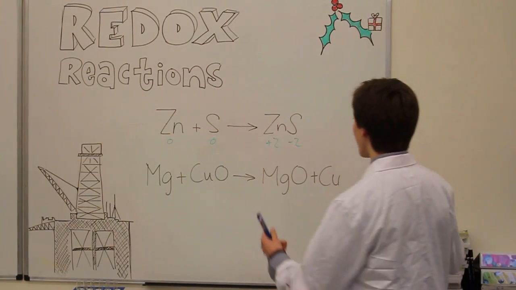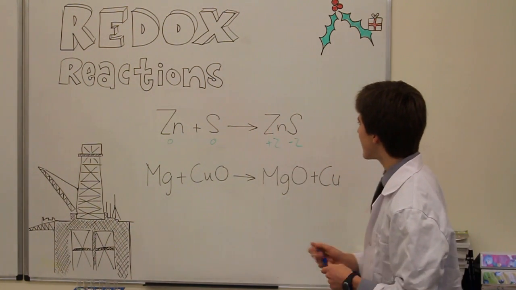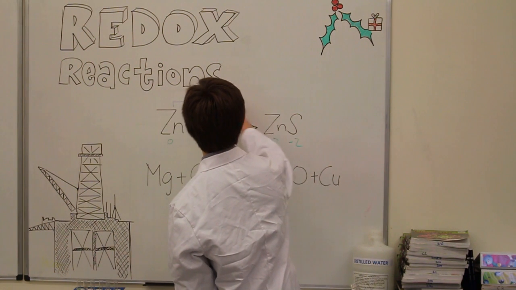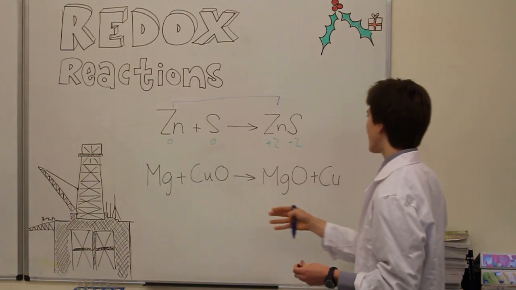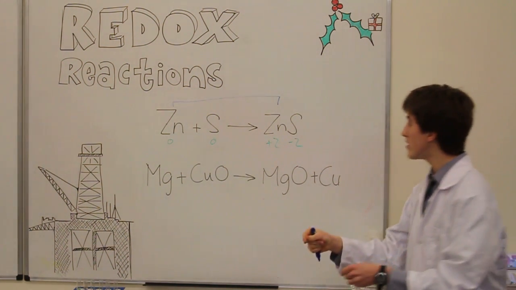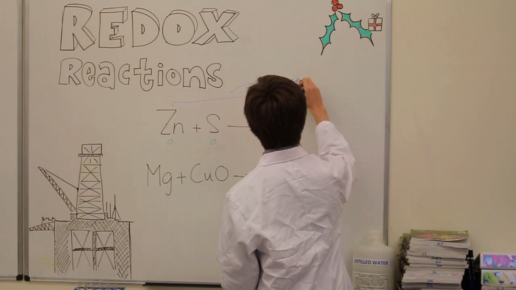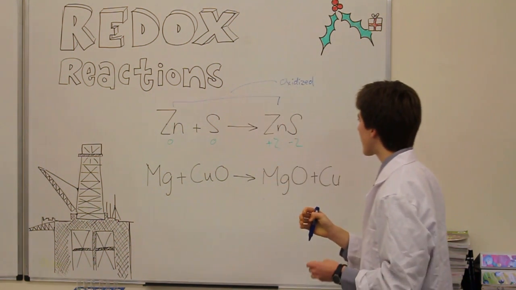Alright guys, so if we can see the changes that result across the reaction, we can see that zinc goes from 0 to +2. It is hence losing 2 electrons. So as you can see from the OIL RIG, oxidation is loss, therefore it is being oxidized. And equally we can look at the sulphur.